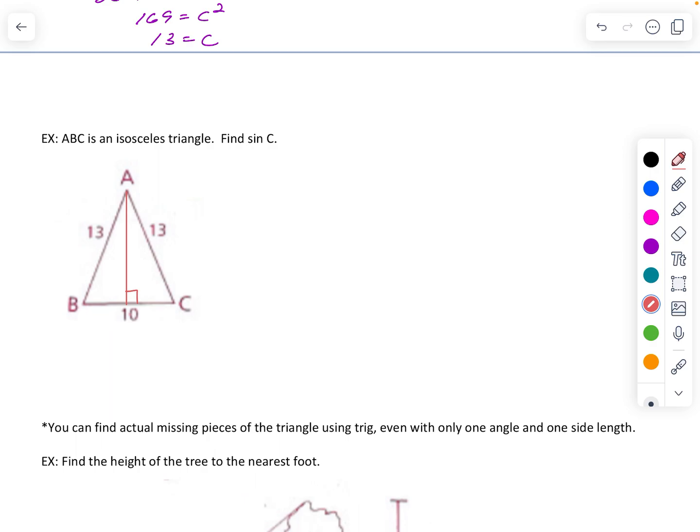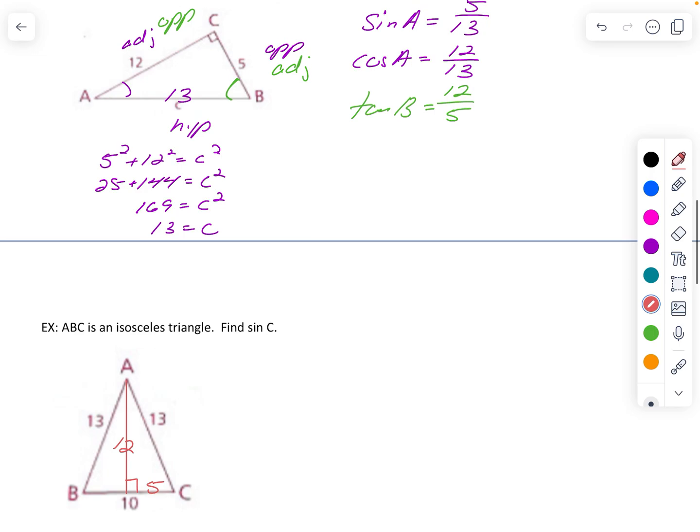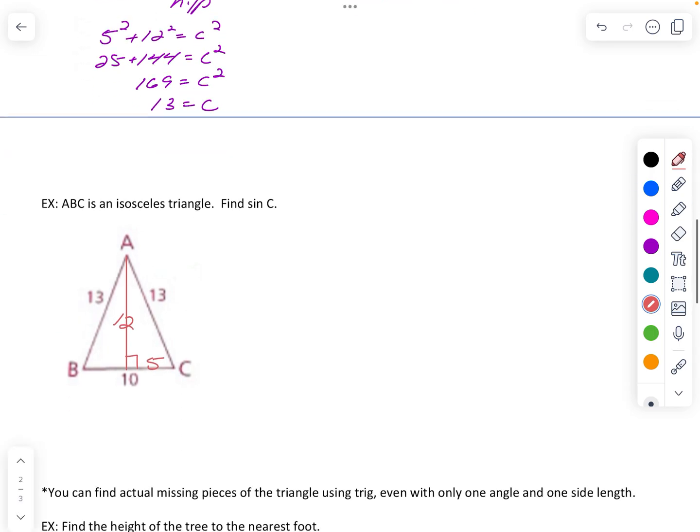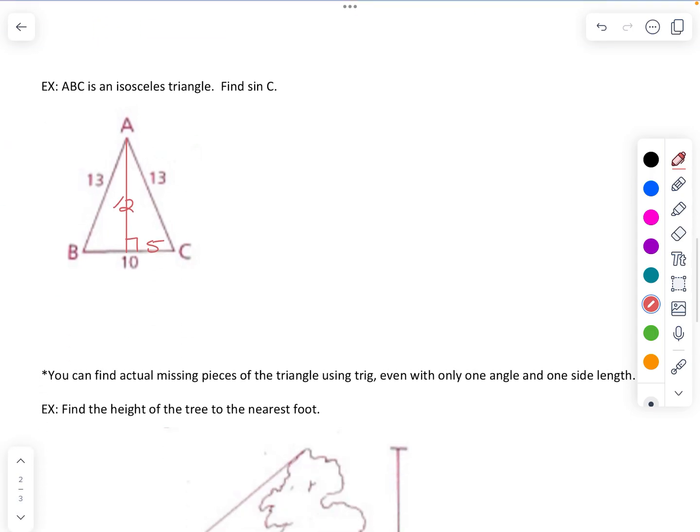So we're going to split that triangle in half. This would be 5 then. Just like the last example, we could solve for the height using the Pythagorean theorem, but we already know from the last example, 5, 12, 13, it's just like the last one. That's a Pythagorean triple, so we'll just go with that.